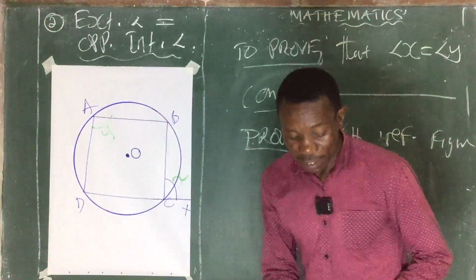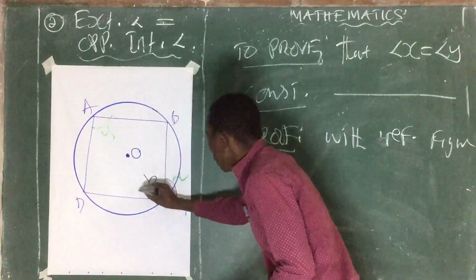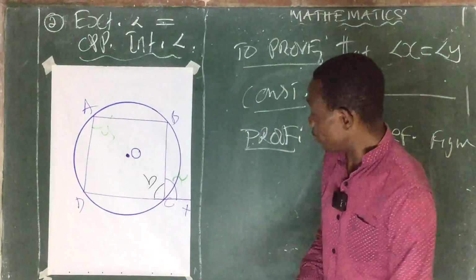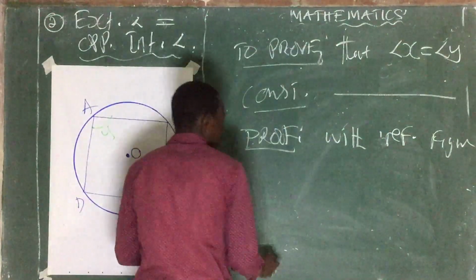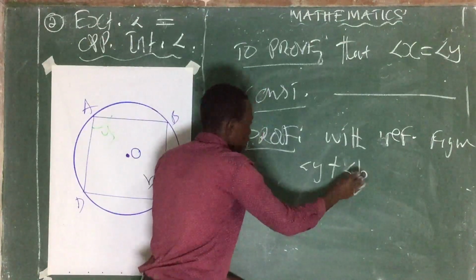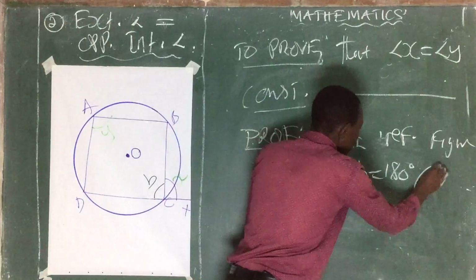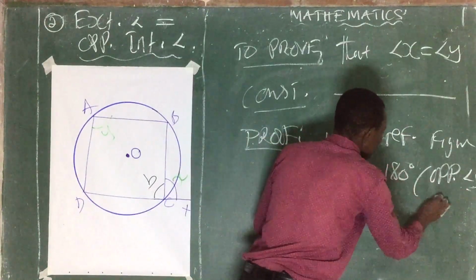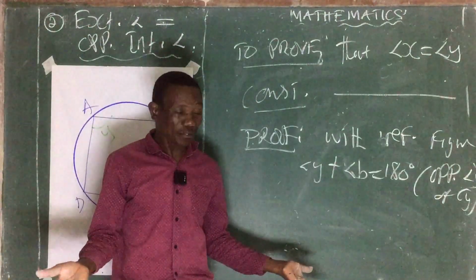Suppose I insert this angle here as angle B. Then angle Y plus angle B is equal to 180 degrees. Reason: the opposite angles of a cyclic quadrilateral. That's what we have just discussed.